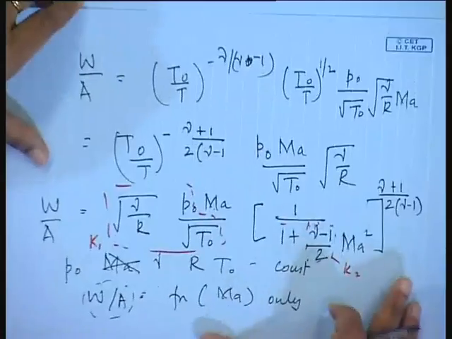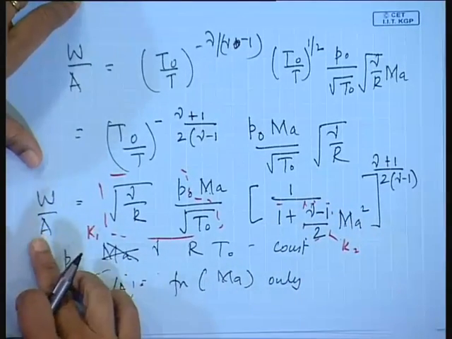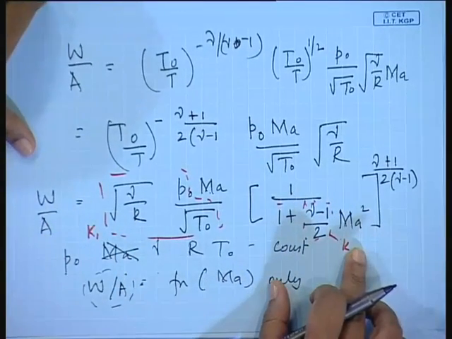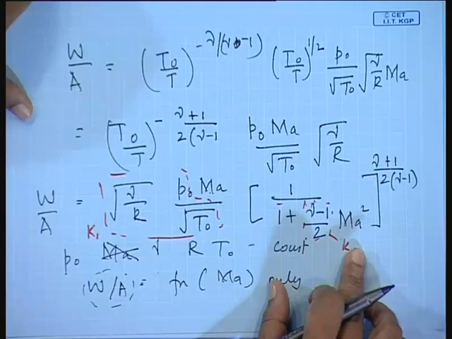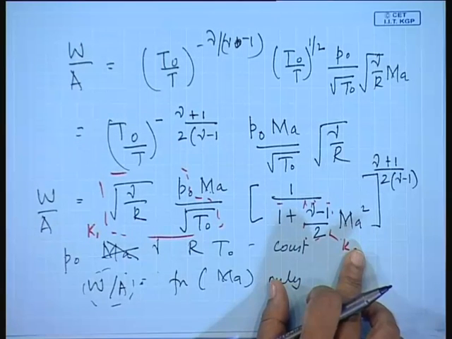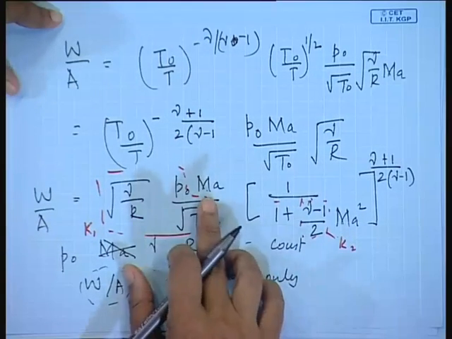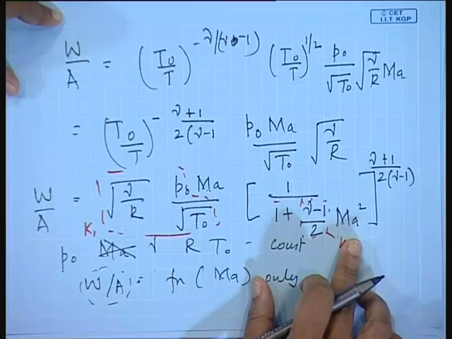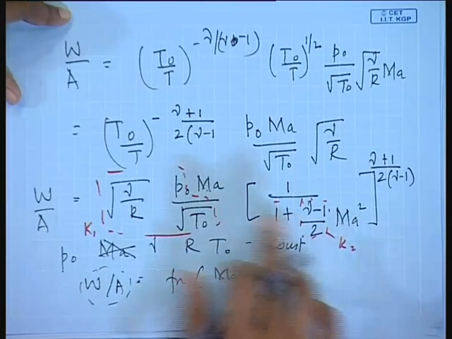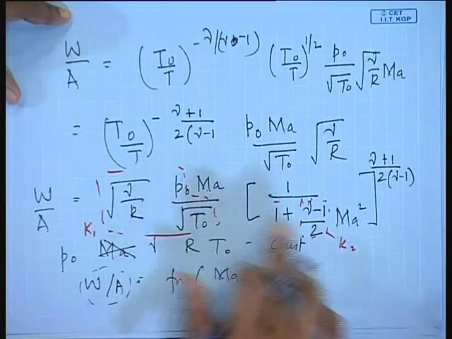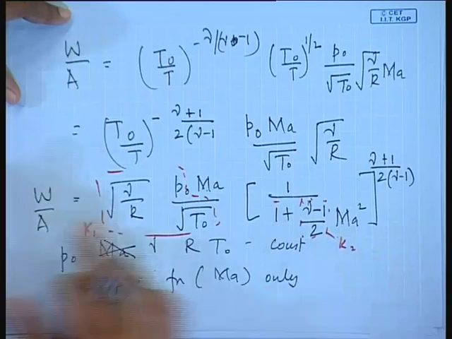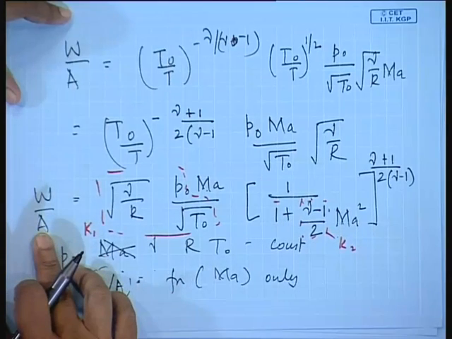Yeah. So, what did we find? We find that W by A was given by this particular expression. And if we put Ma equals to 1 here, then we get the maximum flow rate, and that occurs under choked flow condition where A equals to A star.